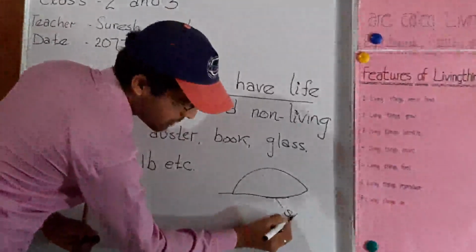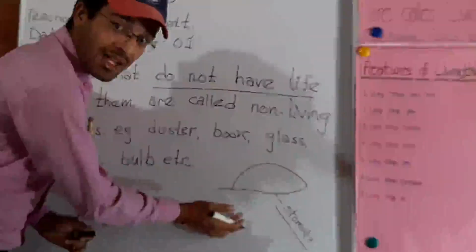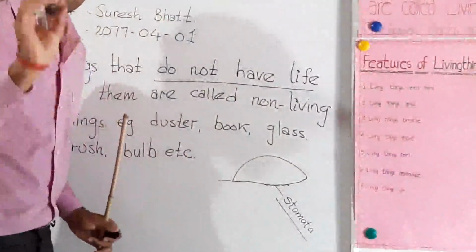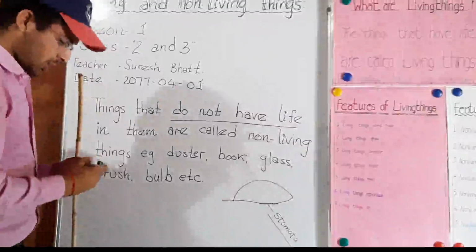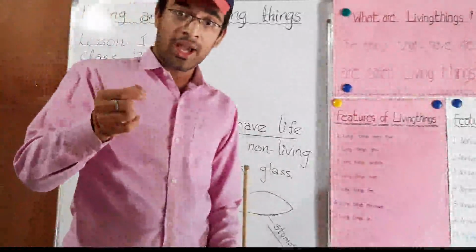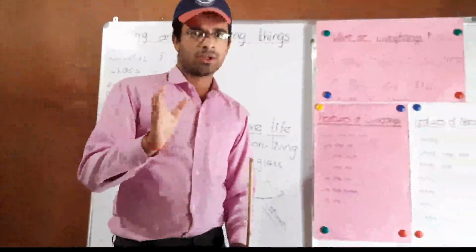This is called stomata. Stomata help plants to take in oxygen and give out carbon dioxide in the form of droplets. So by this we can see that living things breathe. Can you understand me? Yes, you can.